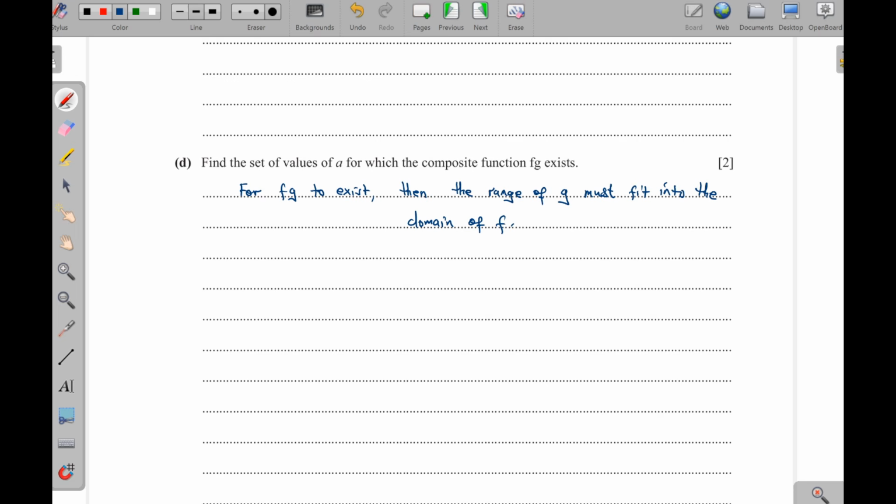So what do I mean here? We are having a set of values here. Let me put this one down. We are having a set of values of x here. So g acts on those values, then what comes out is the g of x.